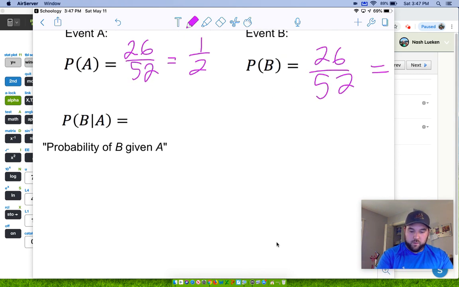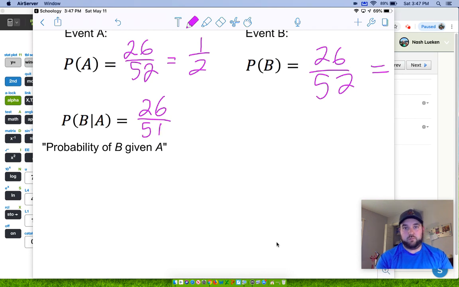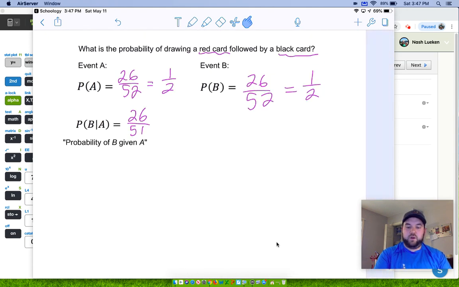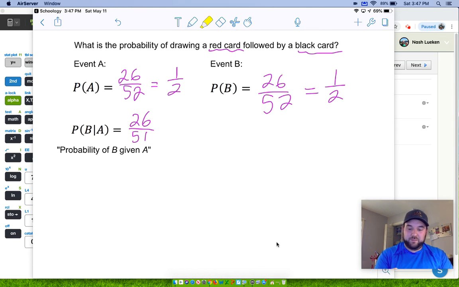Well, we saw in the warm-up that that is 26 out of technically 51 because the red card coming out has shrunk our sample space. And we know these events are dependent because these probabilities are not the same. So event A occurring has actually increased the chances of drawing a black card next because there are 26 black cards, but now there is 1 fewer red card in the deck.